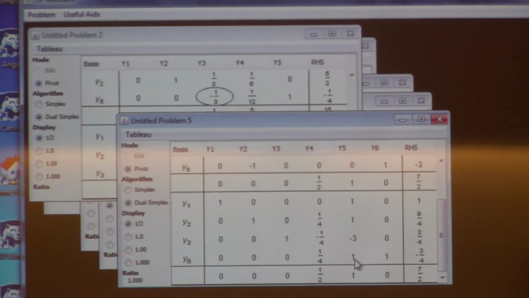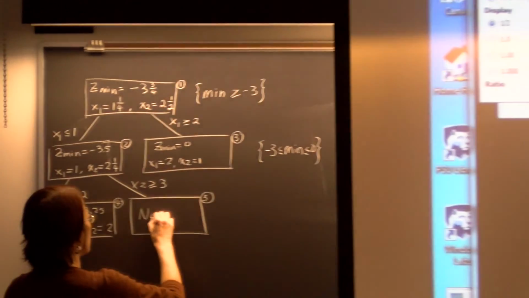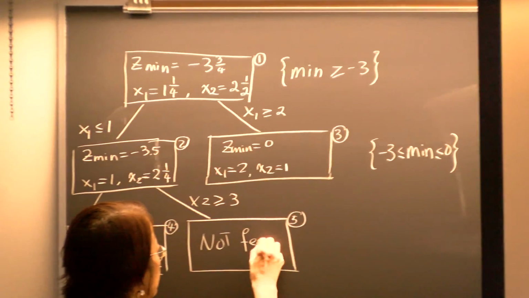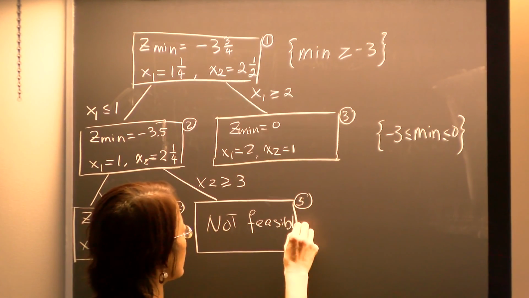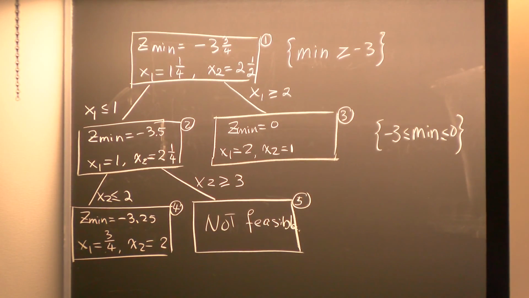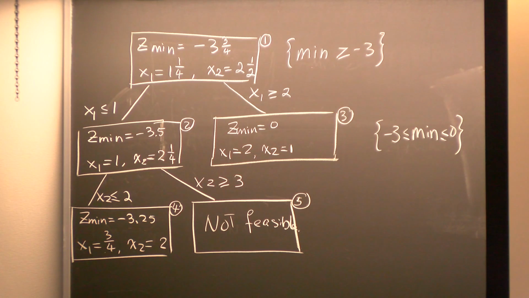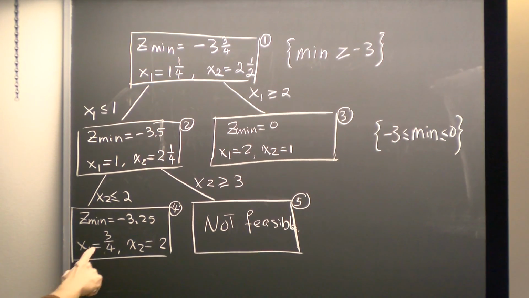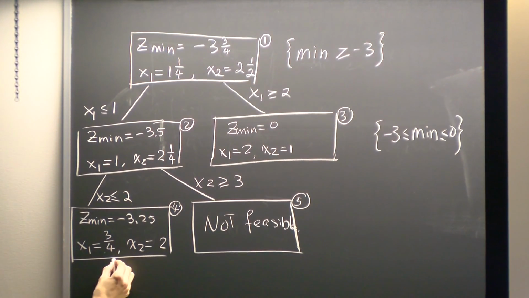Remember? So this one is actually not feasible. So meaning that after putting up this constraint, you cut out the whole feasible region. It's empty now. There's nothing left. Okay, so that's no good. But then this is still no good, so I have to branch out further.